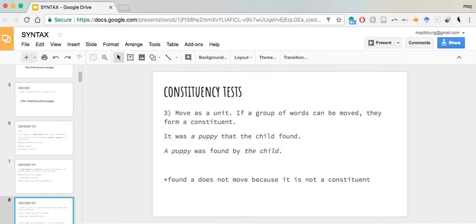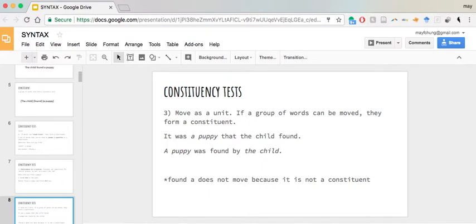So instead of a child found a puppy, you could also say it was a puppy that the child found. A puppy was found by the child, okay? So these natural classes of words move by themselves. And you also know that found a does not move. That found a by itself is not a group because it doesn't move. And so as a result, it's not a constituent.